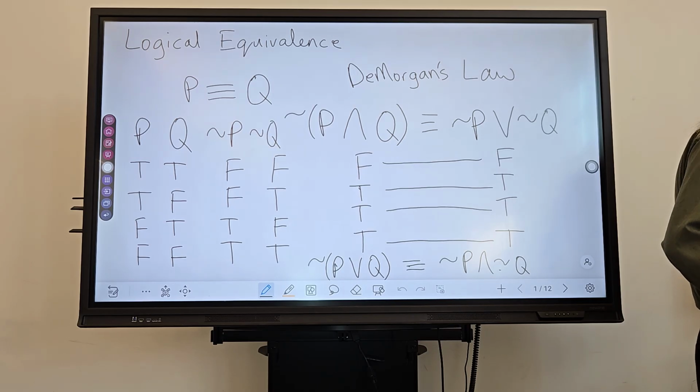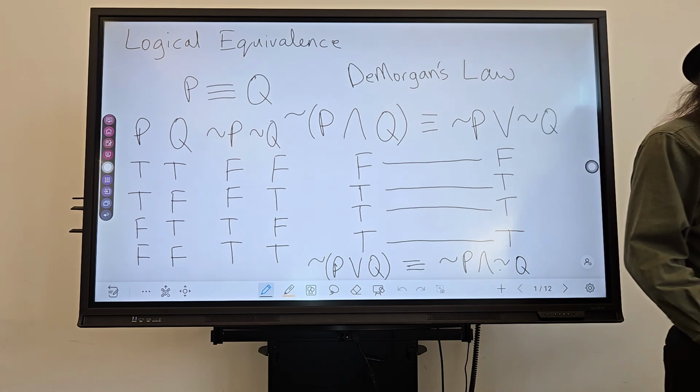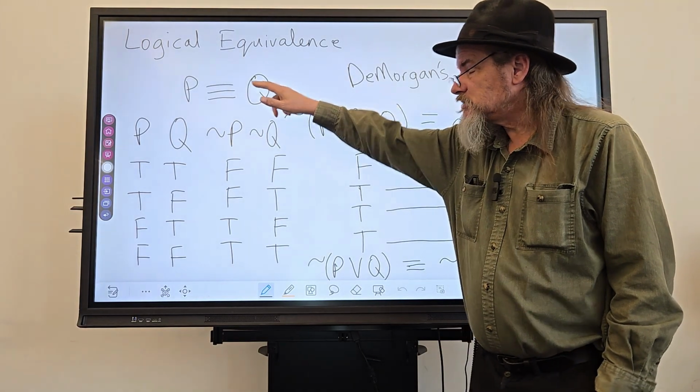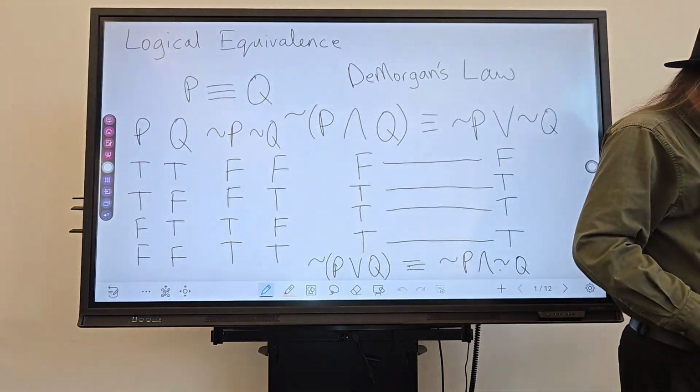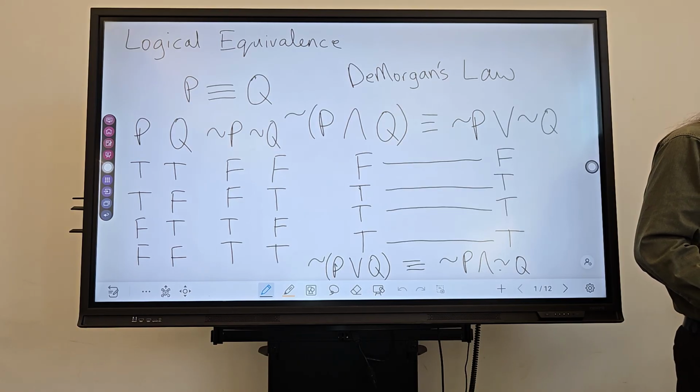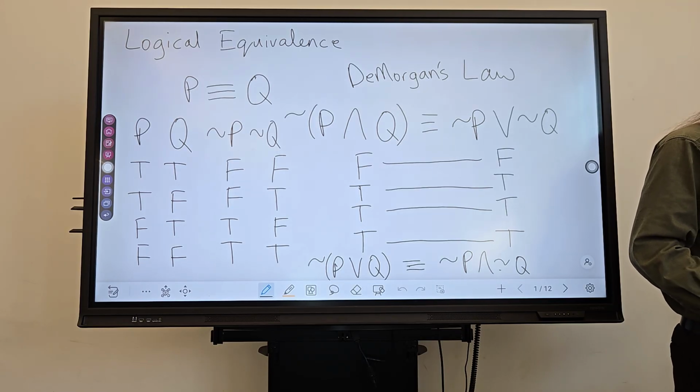The logical equivalence of statement forms P and Q is denoted by writing P triple line Q, like this right here. Two statements are called logically equivalent if and only if they have logically equivalent forms when identical component statement variables are used to replace identical component statements.